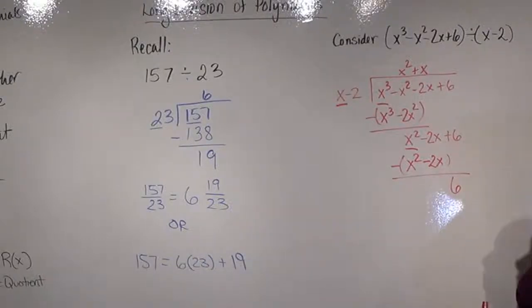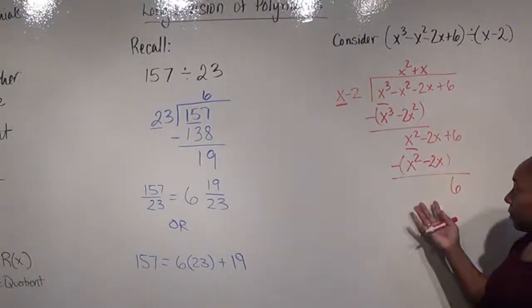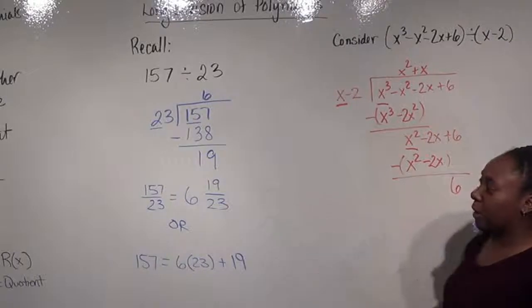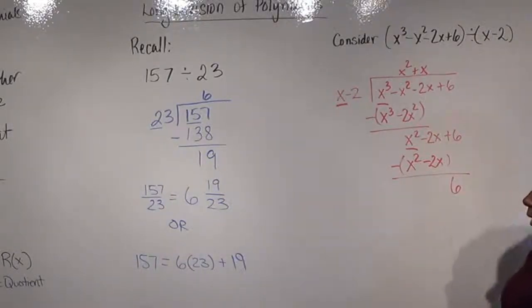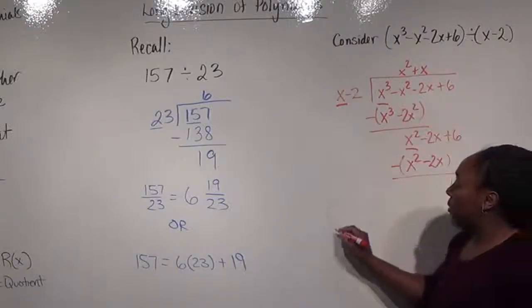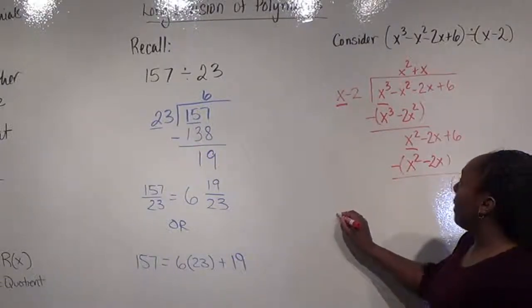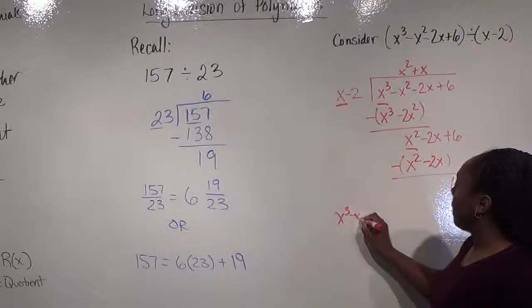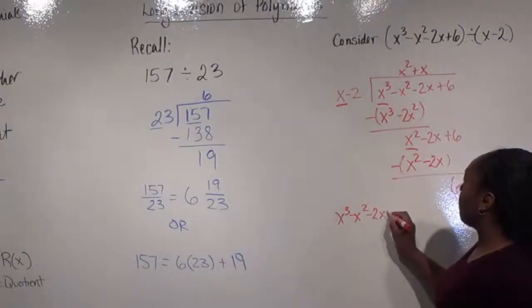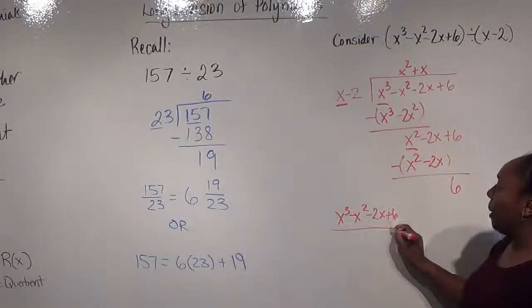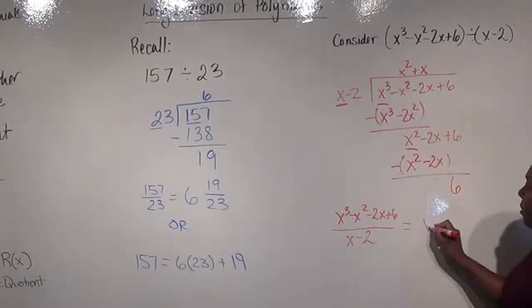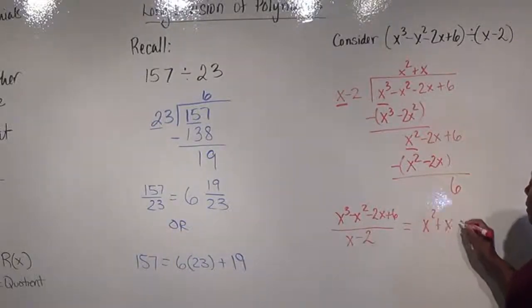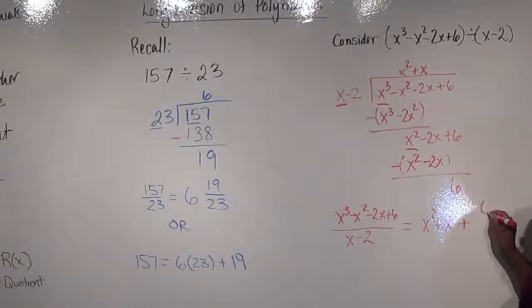Just like our numbers, we can rewrite this in terms of either method. I can either write it as the fraction or I can write it as an equation. So as a fraction, this is saying that x cubed minus x squared minus 2x plus 6 divided by x minus 2 is going to equal my quotient, x squared plus x, plus my remainder over my divisor.